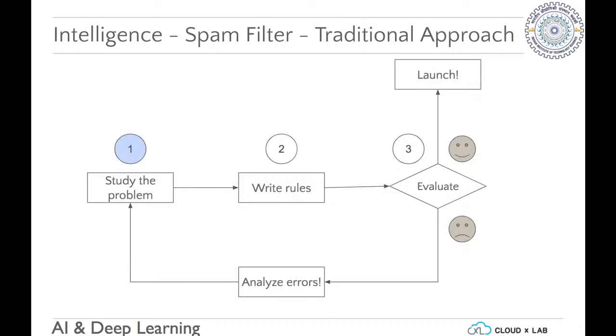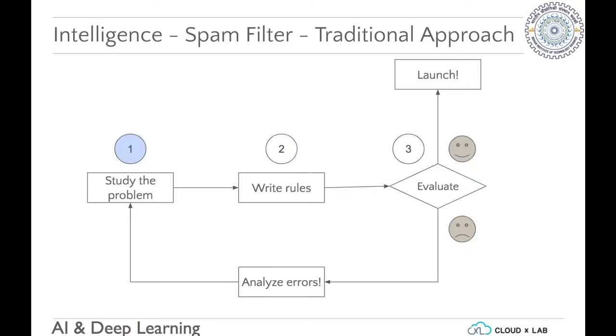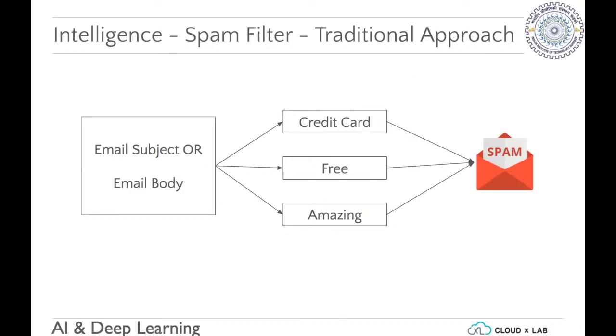So let's say we have to build this solution to do the spam filter, right? The traditional way was we studied the problem, we as in engineers, the humans, and they come up with the rules, right? They'll come up with rules like if the email subject or body is having a keyword like credit card, free or amazing, it's a spam.